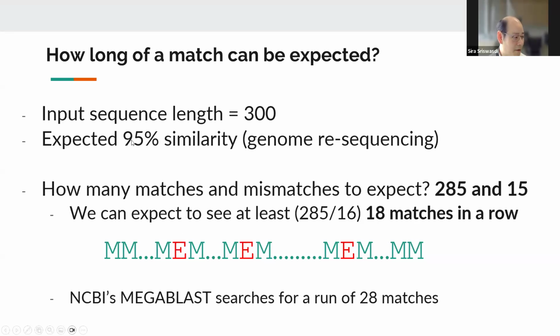So in this case, because you know beforehand that you're going to have an answer with 95% similarity, you can assure that whatever result you have is going to have 18 matches in a row. And this is because of a branch of mathematics called combinatorics.